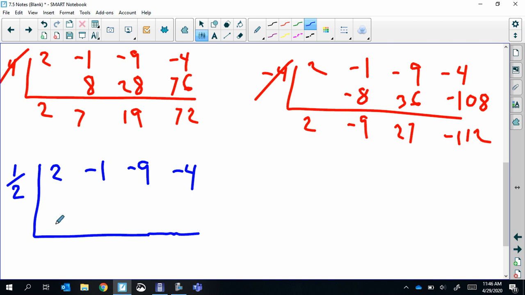So we start with 2 times 1/2 is 1. Oh, good, we get a 0. Times 1/2 is 0, that's easy. Negative 9 times 1/2 is not 4. It's almost 4, but it would have been negative 4.5 anyway.